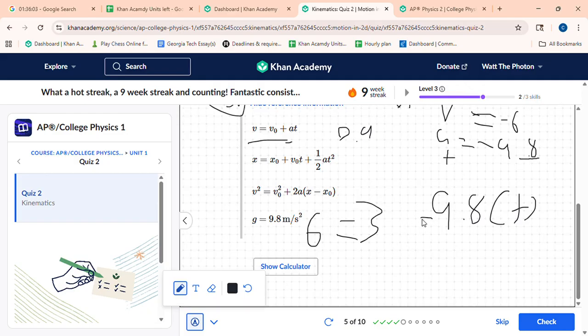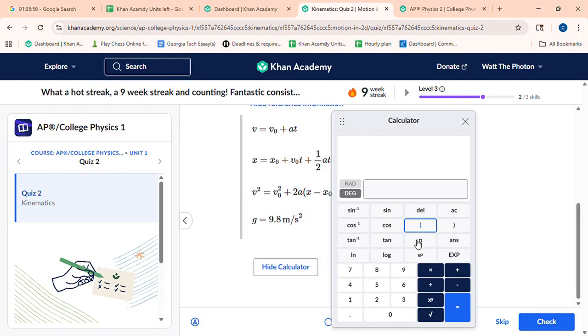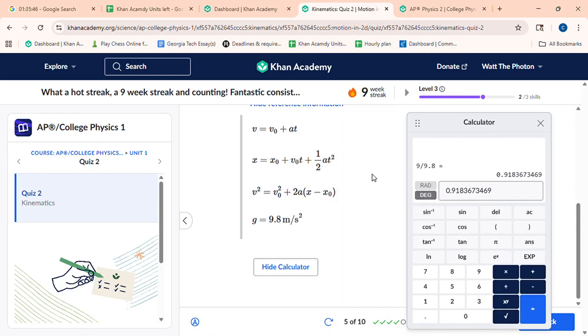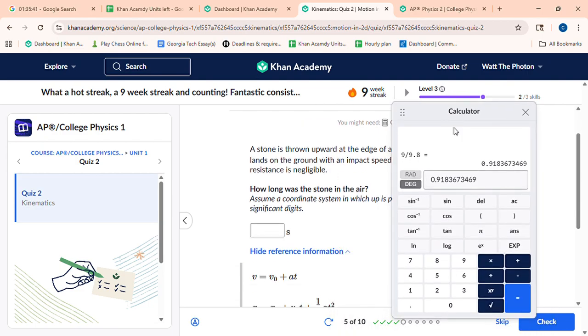We have negative 9.8, so plus a negative 9.8 to a negative 3. So we get -9. Ah, that's where I missed out. It goes -9.8, the negatives cancel, and we get 9 divided by 9.8, 0.9, to 2 significant digits, 0.92.